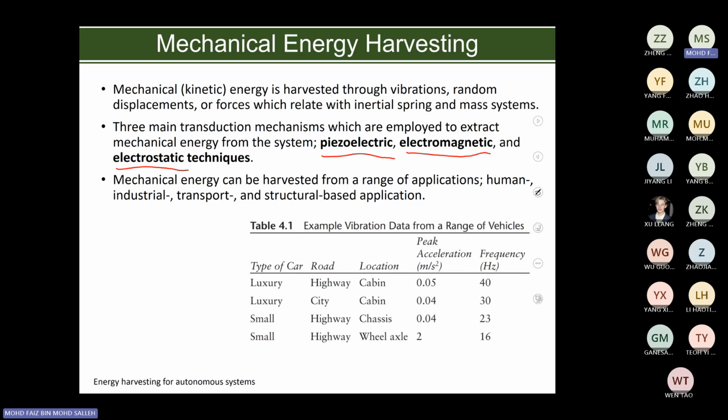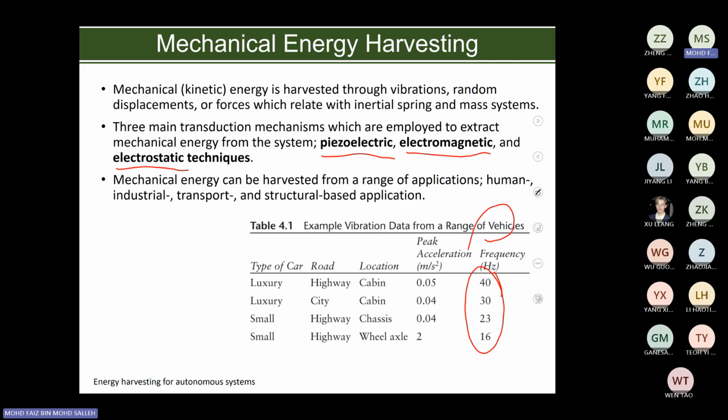And in this table, you can see here, depending on the frequency, we can have this kind of vibration: 40 Hertz, 30 Hertz, 23 Hertz, 16 Hertz, especially this one at the vehicle. They are wasted energy. If you can make use of it, a lot of energy can be produced.